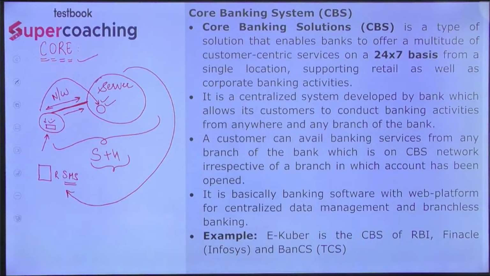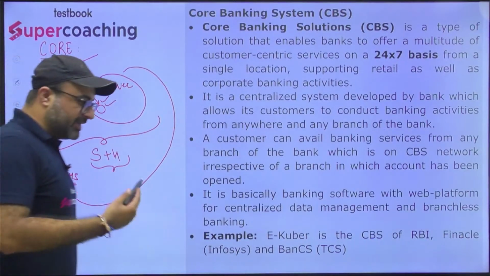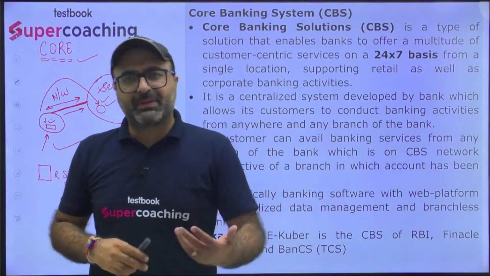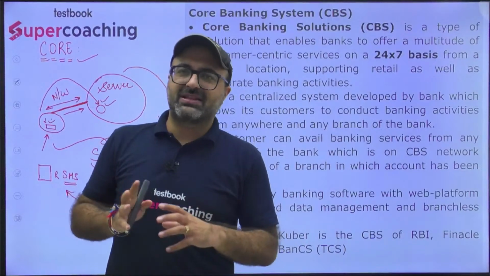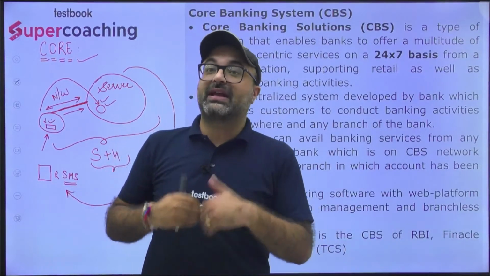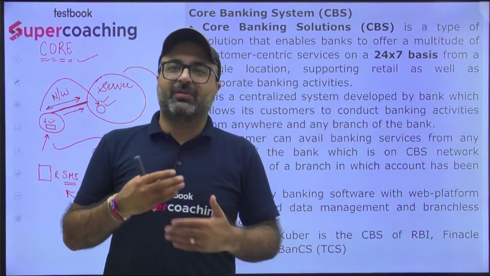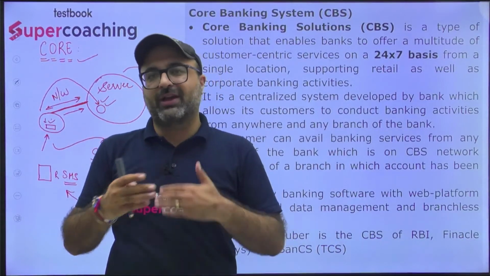What is it? It is centralized online real-time exchange, which means the information is now exchanged and updated in real time, and once the information is updated in real time, you can access your account anywhere, anytime, and with the help of that access facility, you can enjoy the banking services.